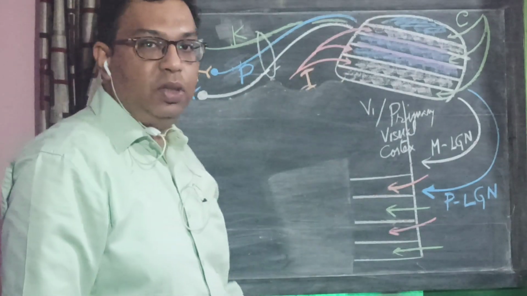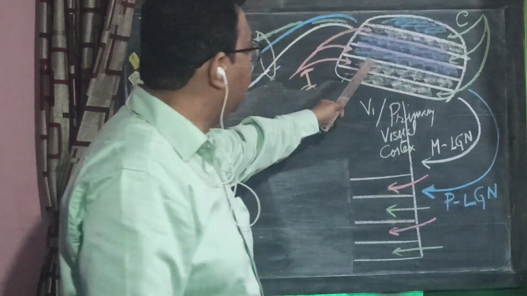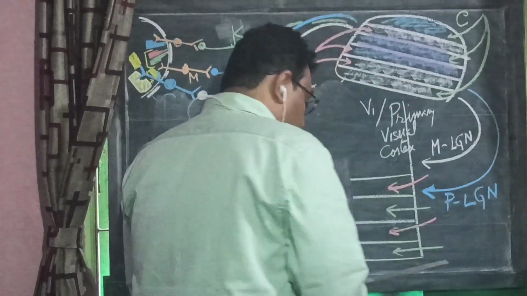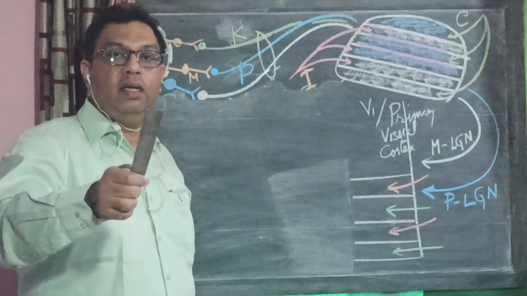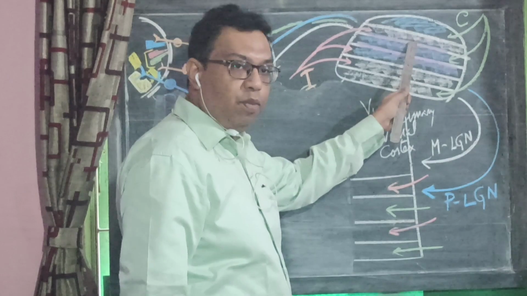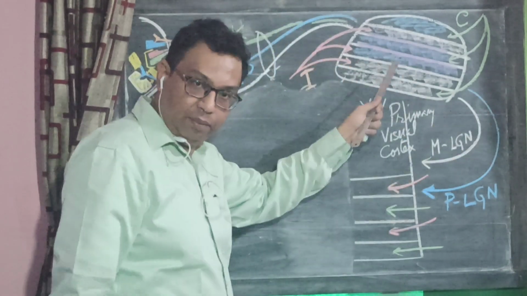So how is the distribution in the lateral geniculate body? The lateral geniculate body is a part of the thalamus. It is the dorsolateral geniculate nuclei of the thalamus. We call it the lateral geniculate body or the lateral geniculate nuclei.